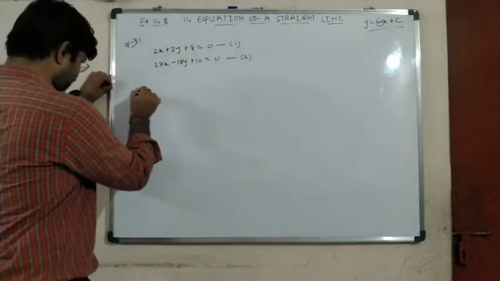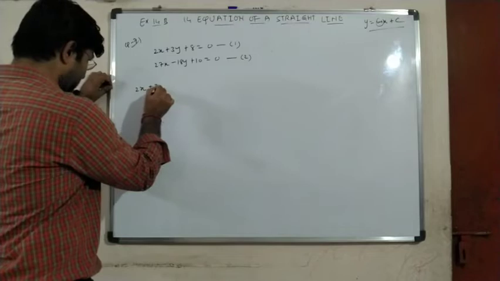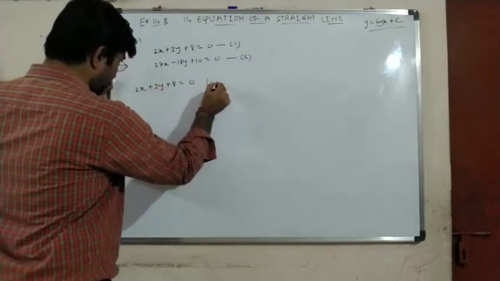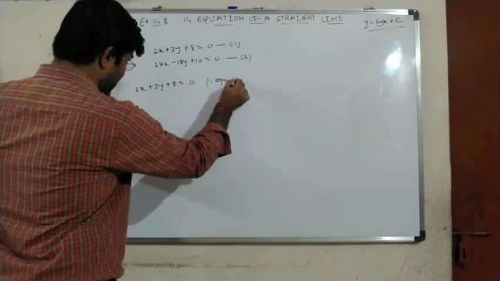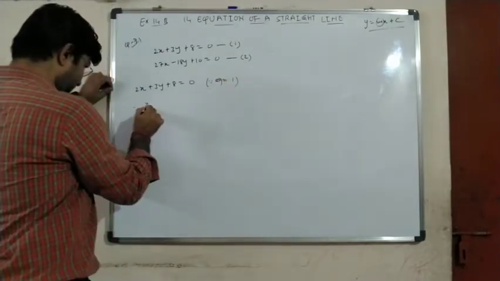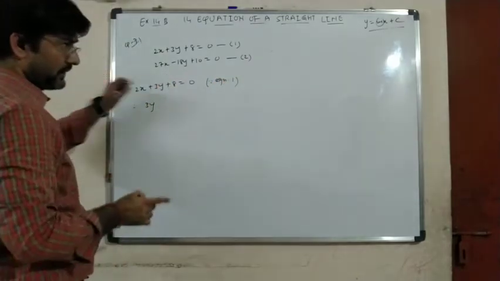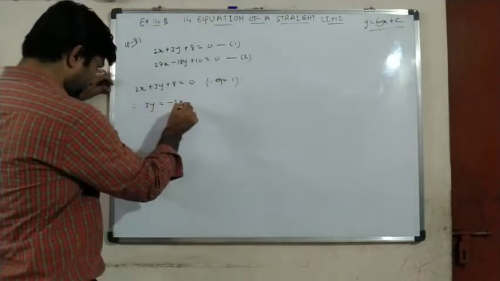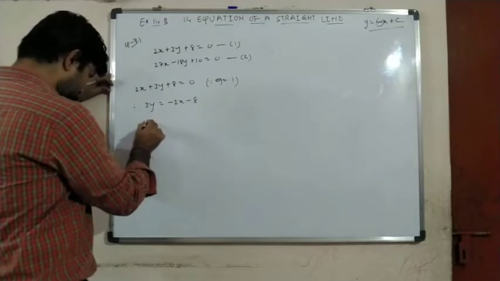Okay, we are given 2x plus 3y plus 8 is equal to 0. This is equation 1. Let us convert this in y is equal to mx plus c form. So 3y is equal to minus 2x minus 8.